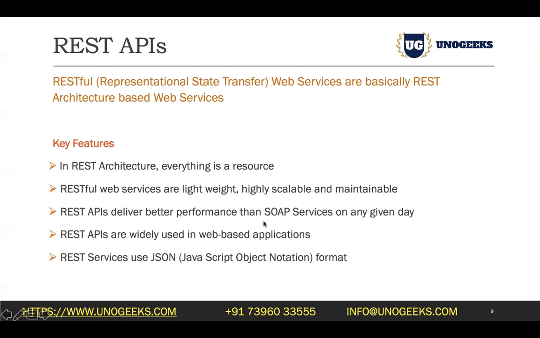So performance is quite critical in web-based applications, and that is where REST APIs help and are extensively used. REST APIs use JSON format for communication. In fact, this is one of the reasons why REST APIs deliver better performance and why they are lightweight.